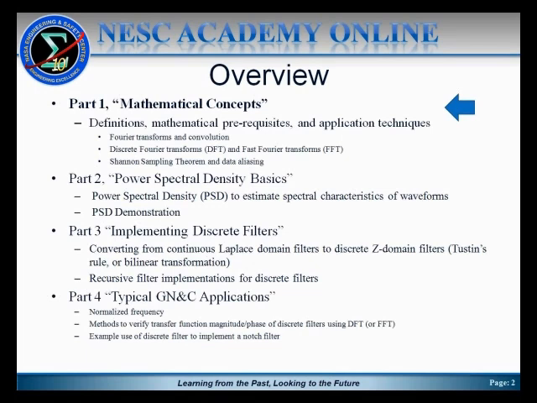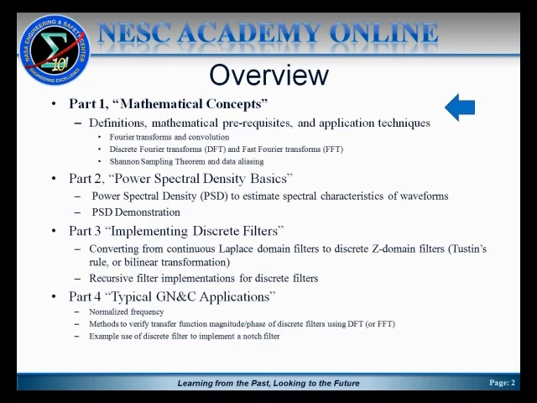Part 1, today's discussion, will talk about the mathematical definitions and prerequisites and application techniques that one would use for digital signal processing. We'll discuss Fourier transforms, both continuous and discrete Fourier transforms, and convolution, and define what that means a little bit later. We'll discuss discrete Fourier transforms and fast Fourier transform algorithms, or FFT algorithms.